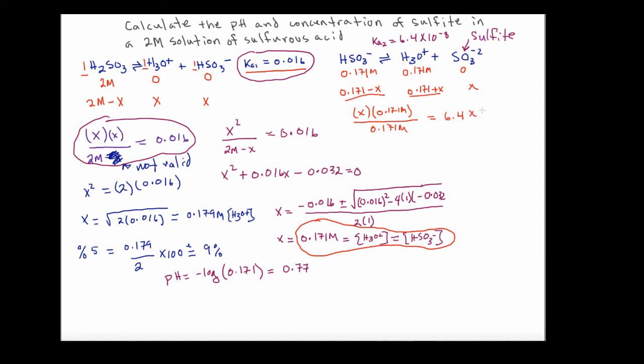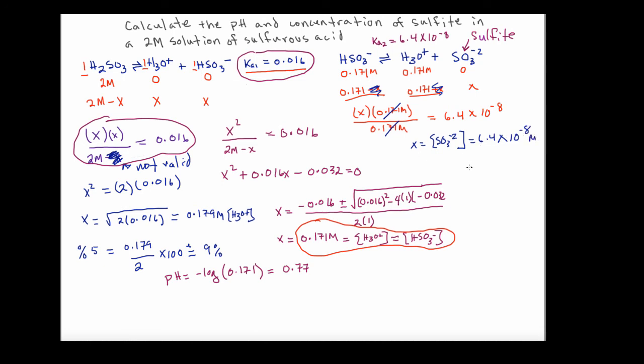For the second step of the polyprotic acid, the concentration of the anion is literally equal to the equilibrium constant for that step. These cancel out as long as we're able to neglect the x values. So our x value, which equals the sulfite ion, is equal to 6.4 times 10 to the minus 8th molar.